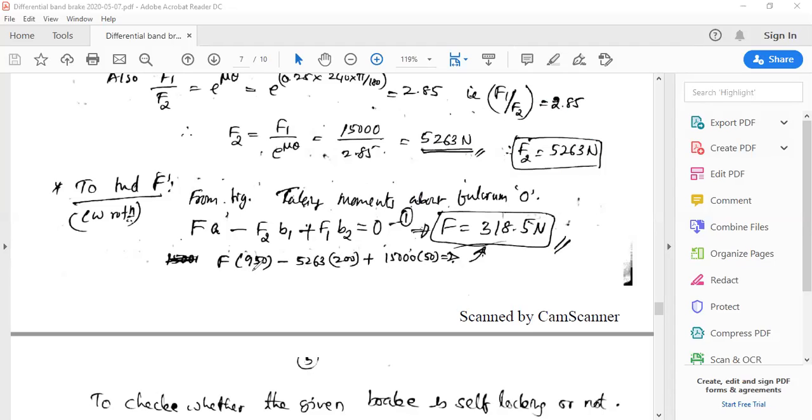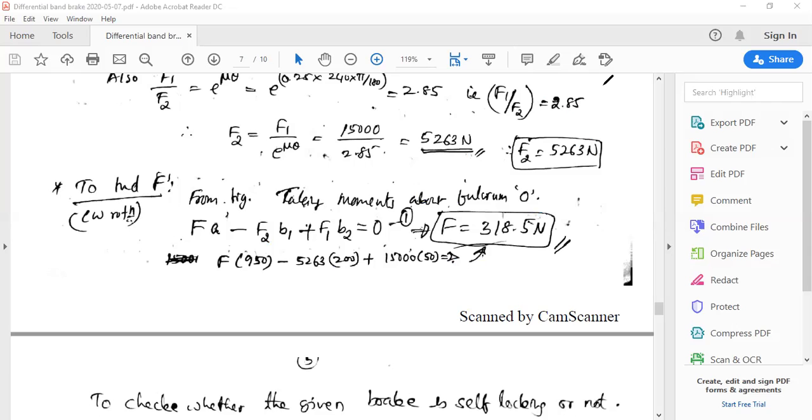F into a is 950, and F2 is 5263 into 200, it is b1, plus 15,000 is the F1 value, and 50 is the b2 value. So the value of F that is obtained here is 318.5 newtons. That is for clockwise rotation. It is asked only for the clockwise rotation, and this is sufficient, 318.5 newtons.